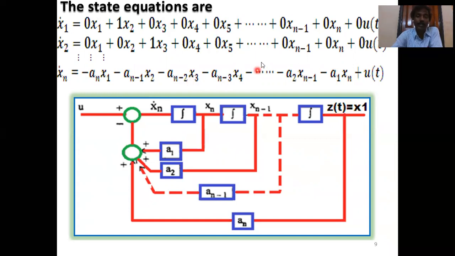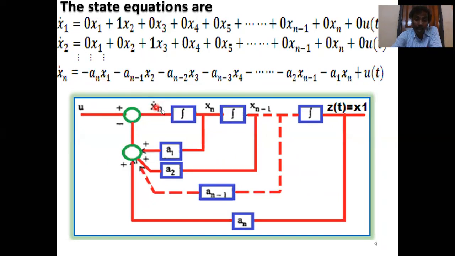For an nth order differential equation, put n comparators or n summing points and n integrators. So first, minus an x1.